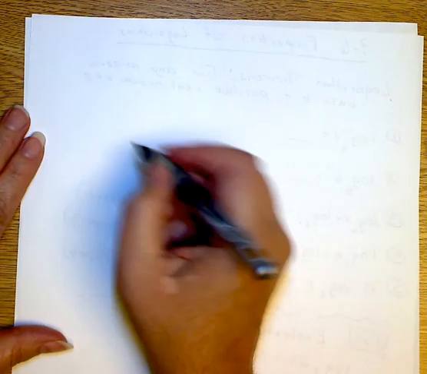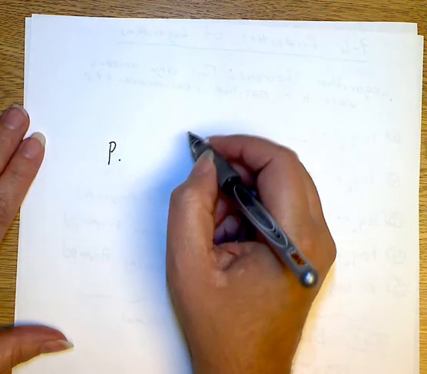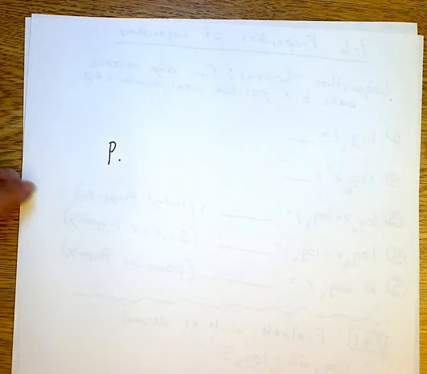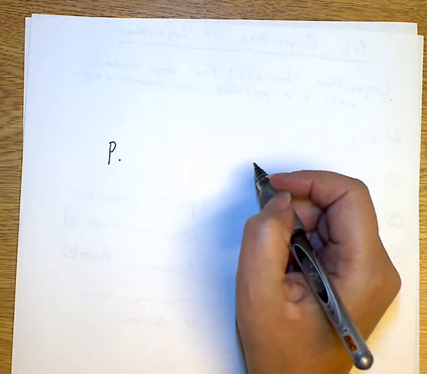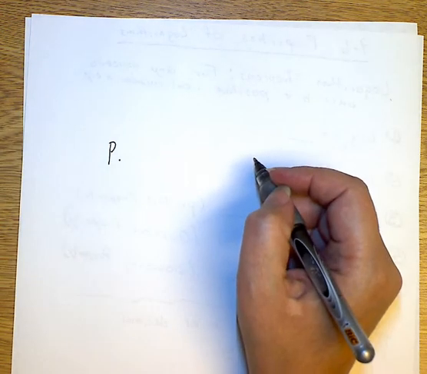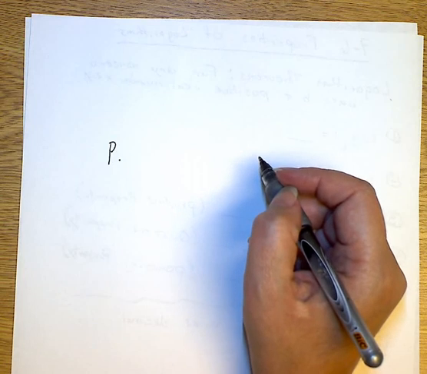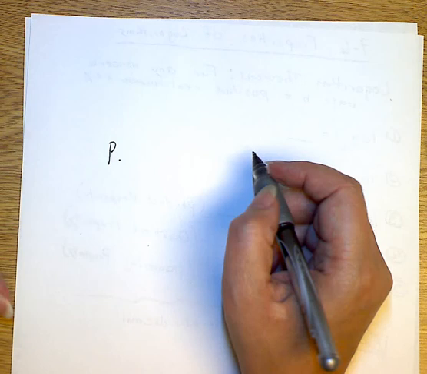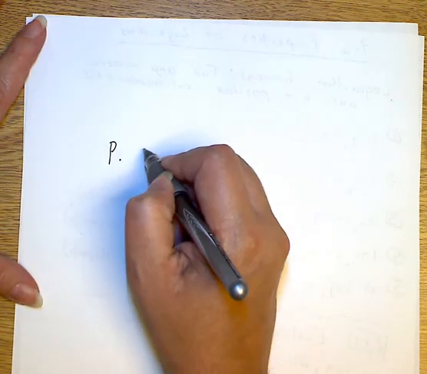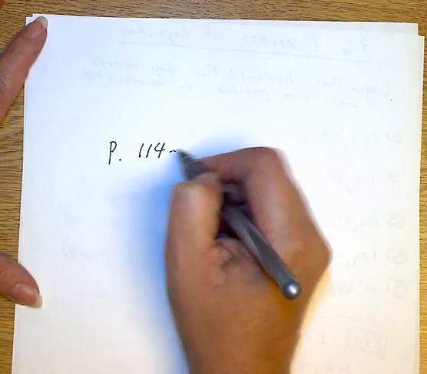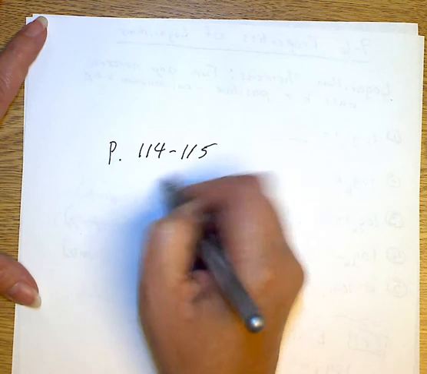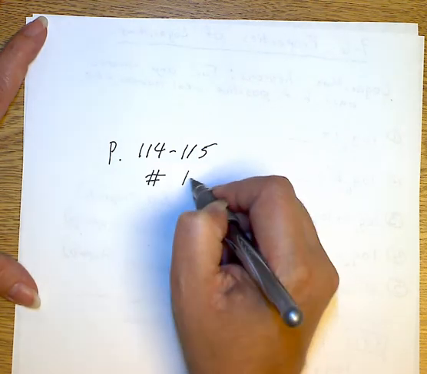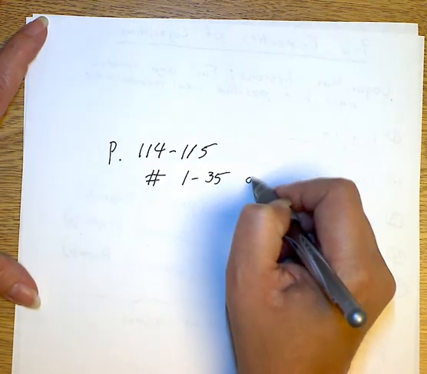All right. On your assignment, I want you to work throughout the hour. So if you feel like you're not going to get it all done, at least do a couple problems from each section, all right? Now, your assignment is pages 114, 115, numbers 1 through 35, but we're only doing odds.